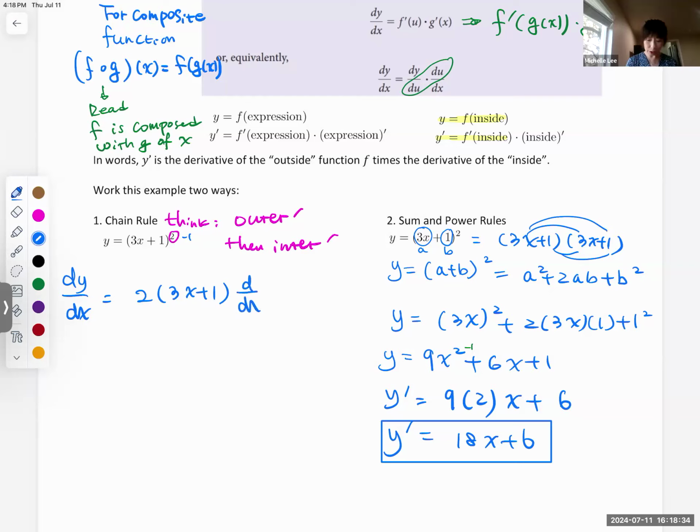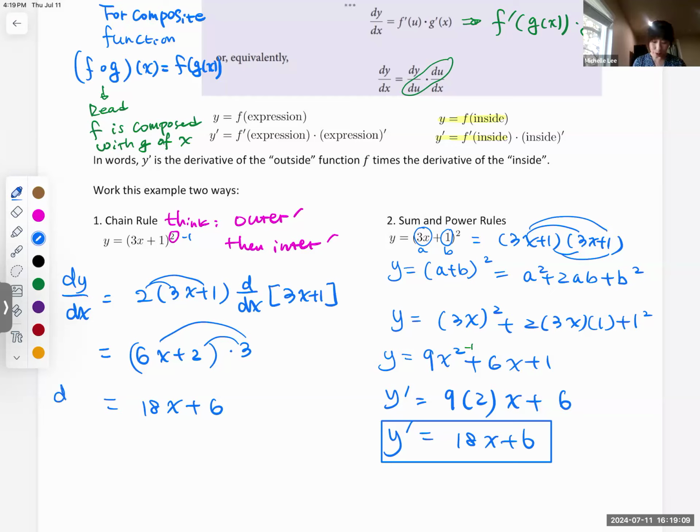We want the derivative of what's inside. Then let's multiply. So we have 6x plus 2. Then the derivative of 3x, we get times 3, right? So we multiply again, and we have 18x plus 6. Do we get the same answer? Yes. So we have dy over dx. It's the same notation we learned last time, right?